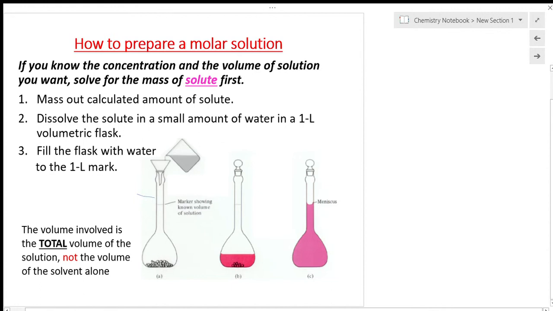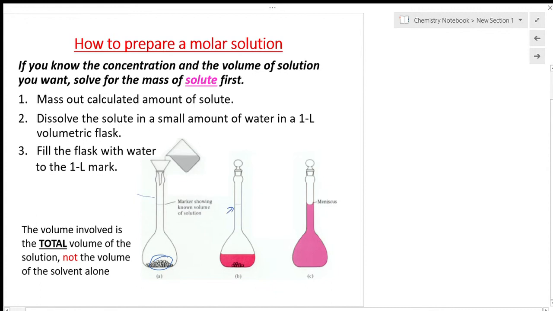So here is the solute, and what you should notice about this is a volumetric flask is calibrated to contain a very precise volume, and there's going to be a mark on it. So you can see right here, there's a mark right there. That is the 1 liter mark.